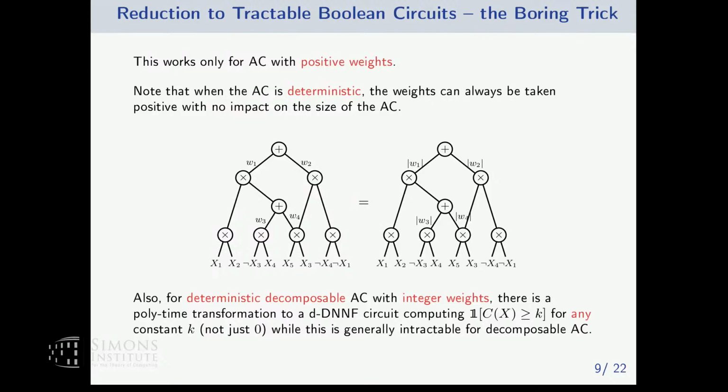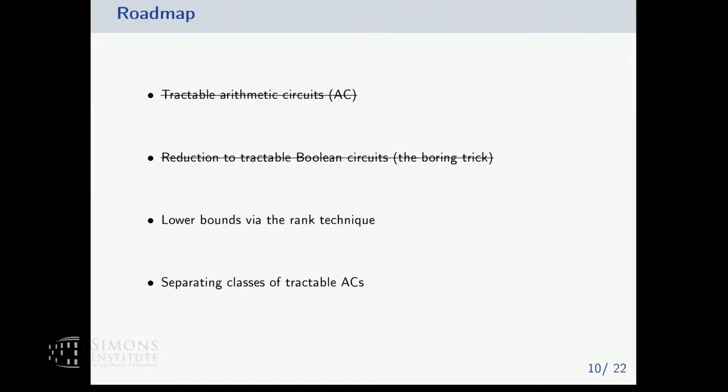So you have a lot more candidate Boolean functions which could be hard for your Boolean circuits. Yeah, this would generally be intractable without this determinism. But still, we are not satisfied. If you don't have determinism, you still need positive weights, and that's not good.